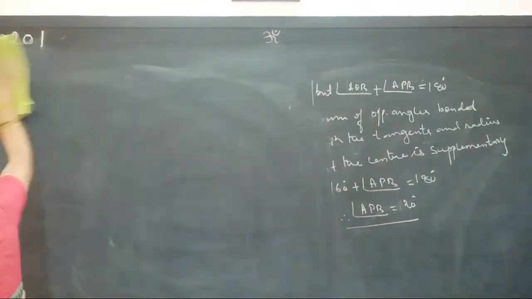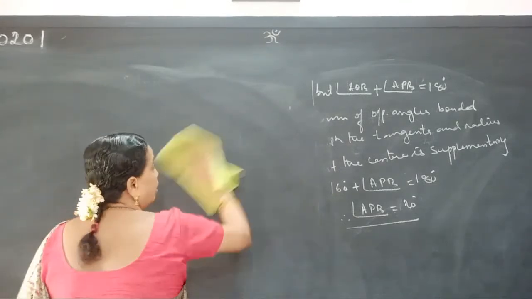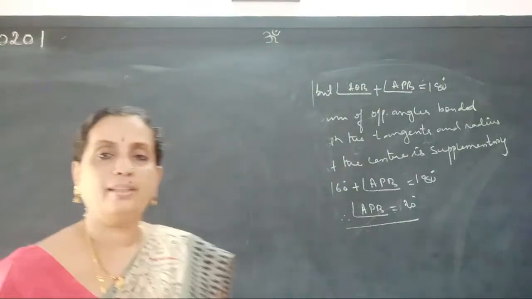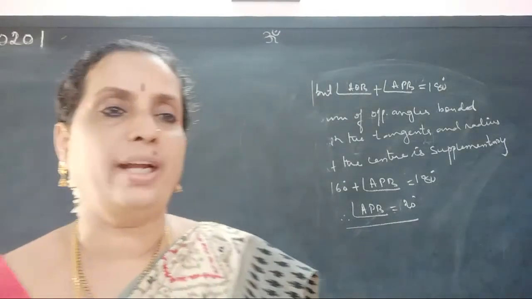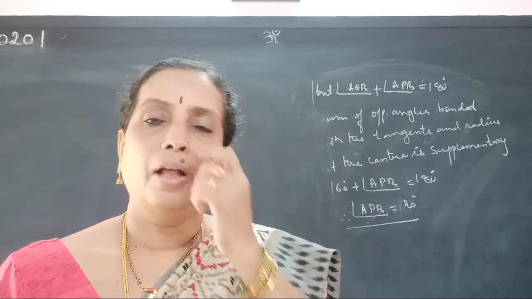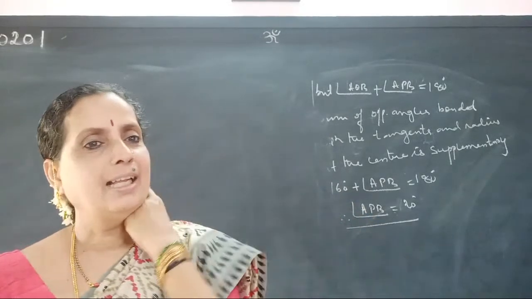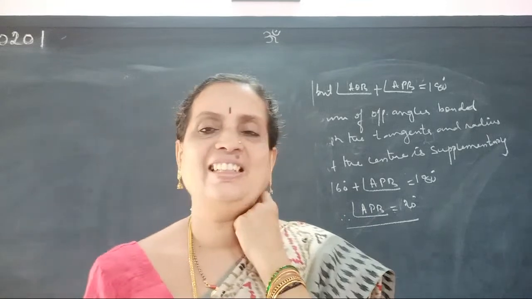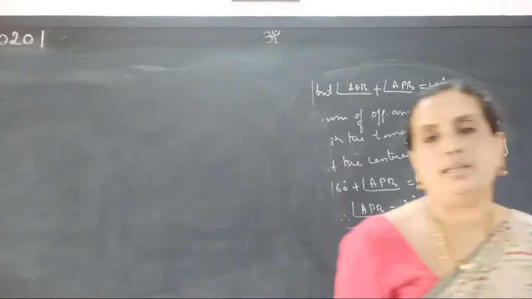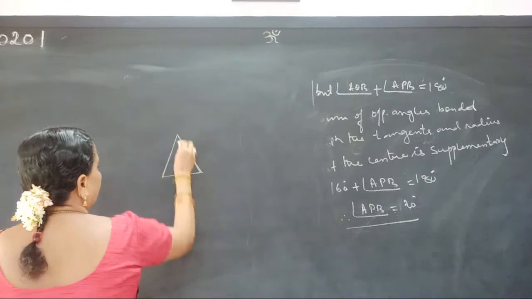Do you know when you will get the circumcircle and on what condition you will get the incircle? Any idea? How will you get the circumcircle and how will you get the incircle? We have two types of circle, circumcircle and incircle.